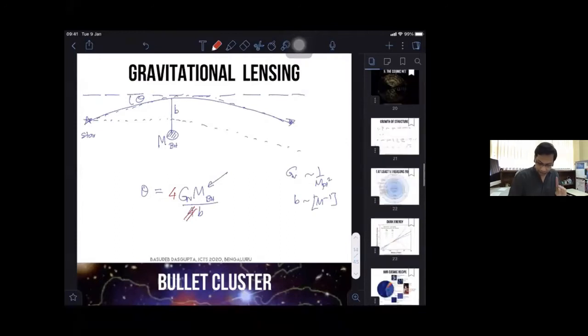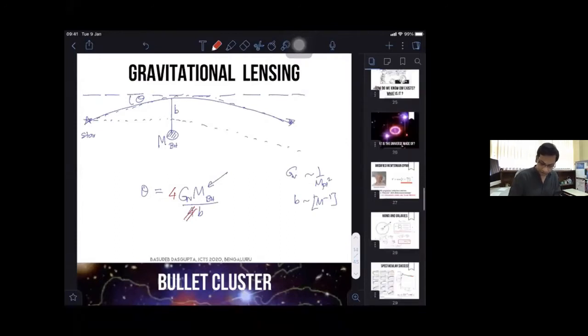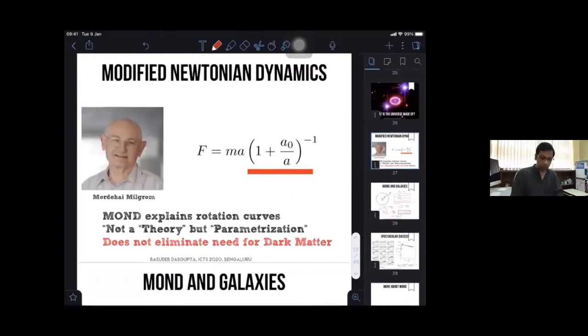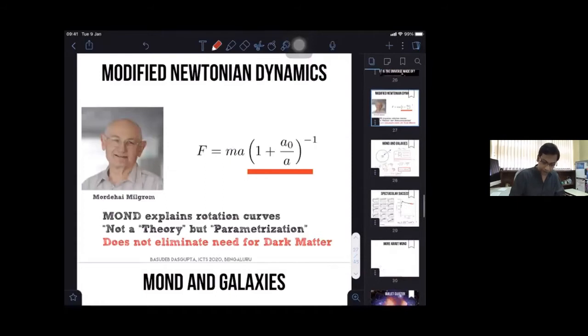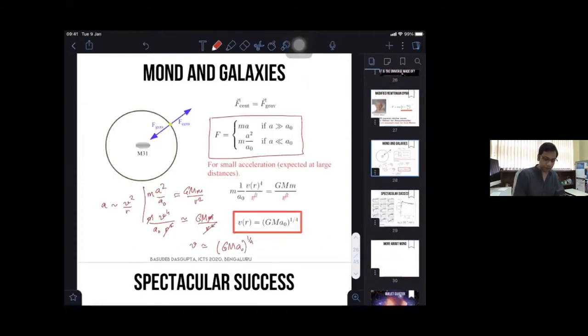And I just wanted to draw your attention to one more thing, which is we talked about MOND, where F equal to ma gets changed, and I showed you, F equal to ma becomes F equal to m a squared over some new constant called a naught for small accelerations.